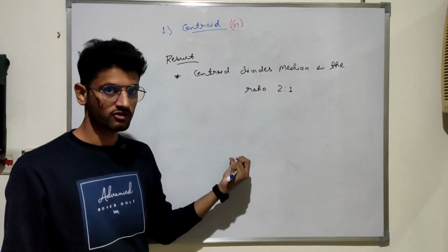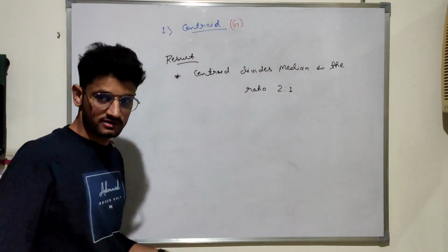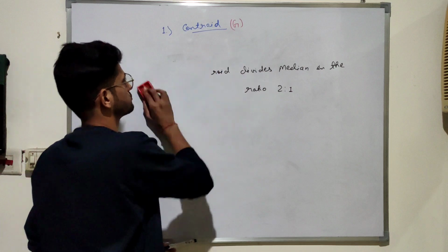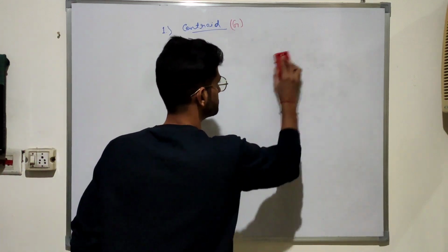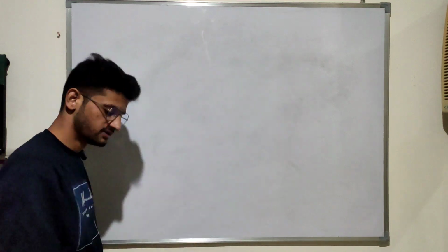This is what we have derived already. So this is going to be a very important result. Now we know that the centroid divides the median in the ratio 2:1, so we are going to take advantage of the result which we have just derived.